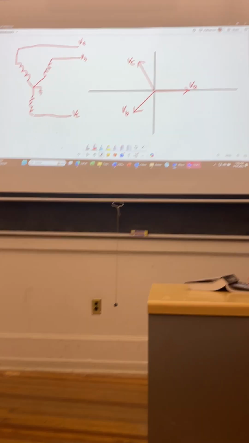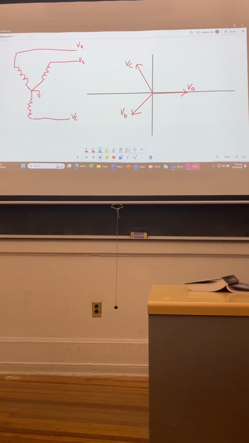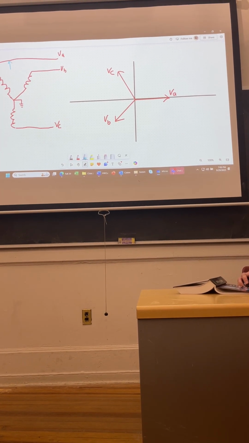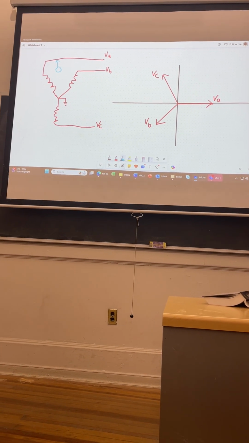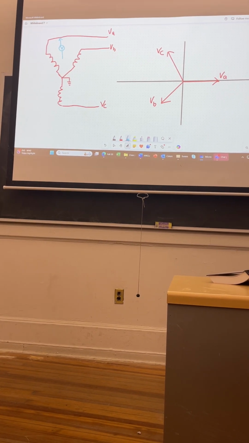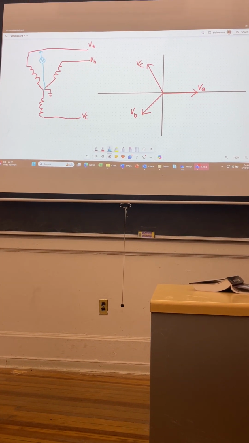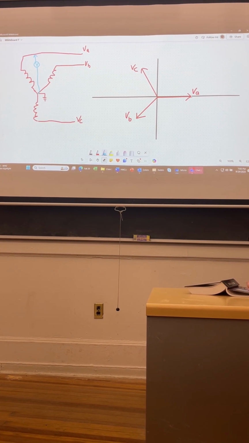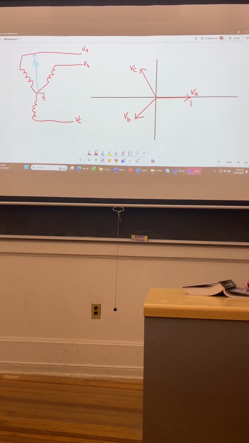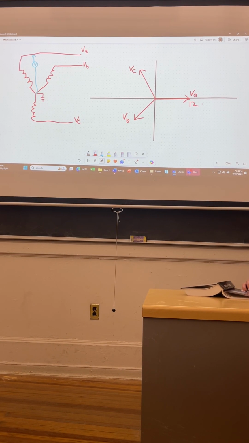So VA, if I took my meter from here, so here, I would read VA. Let's say, 120 volts, 0 degrees.